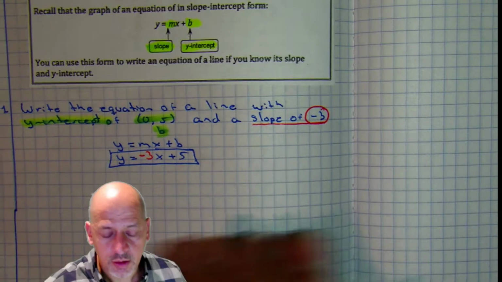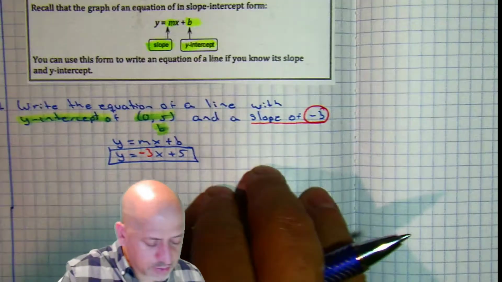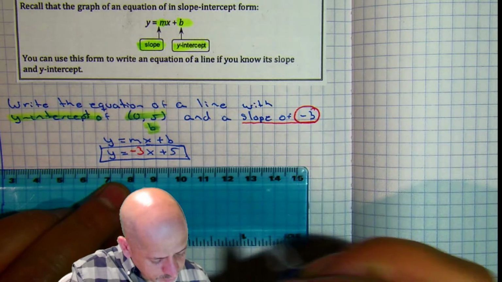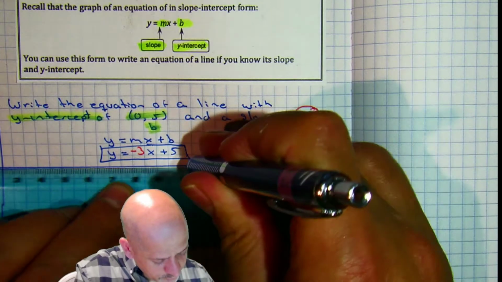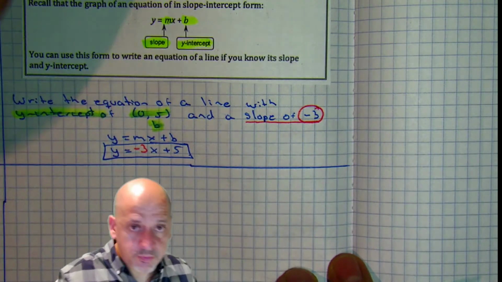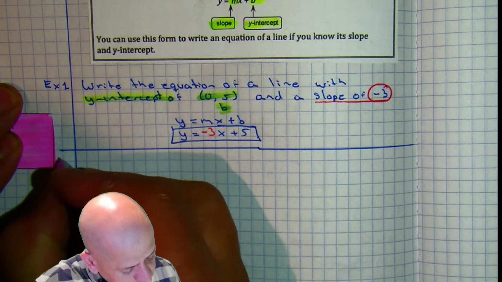Let's try one more. Example number 2. So I'm going to draw the line, just make it all the way through, and that way we can read our examples a little easier. Example number 2 will be exactly the same process.